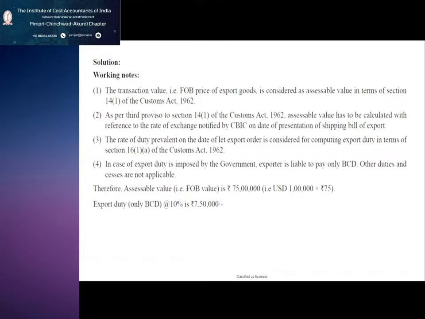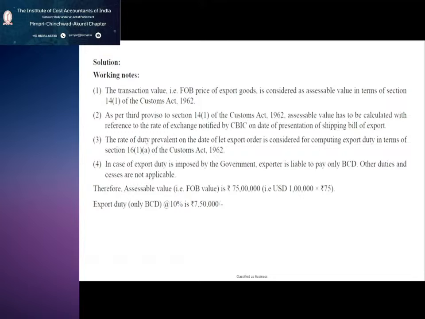Then the third one is the rate of duty, that is, the LET export order is considered for computing the export duty. And the last one is, in case of export duty, the exporter is liable to pay only BCD, which is 10 percent, and not any other duties or cess.